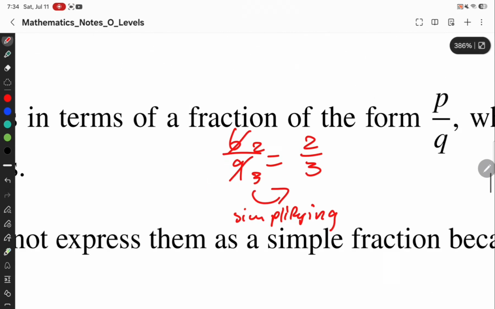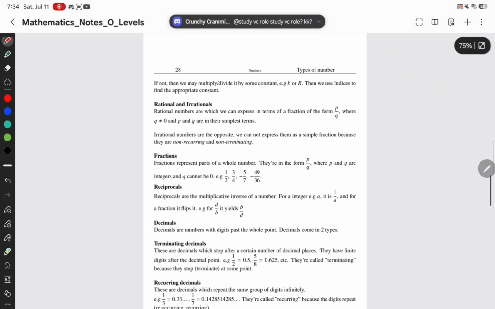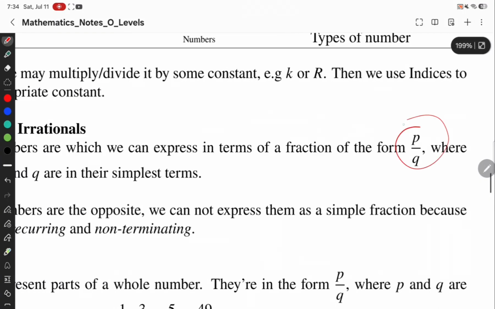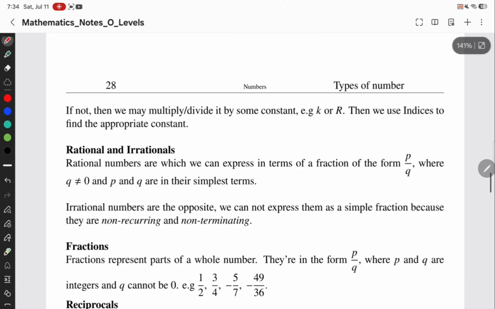I will go into fractions, decimals and percentages in the next video in more detail. For now you need to know what a fraction at least is: p over q in its simplest form, and q should never be 0. You know the saying, you cannot divide by 0. You get a math error in your calculator.